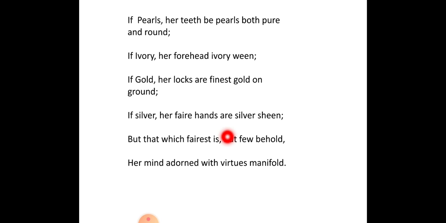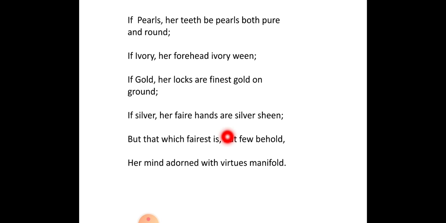So even though everyone can see the woman's eyes, hair, lips, hands, etc., only a few can know her well enough to be acquainted with her mind, which is adorned, as he says, with virtues manifold. And this was the last line of his sonnet. Another feature of this intimate detail is the way the poet expresses it.